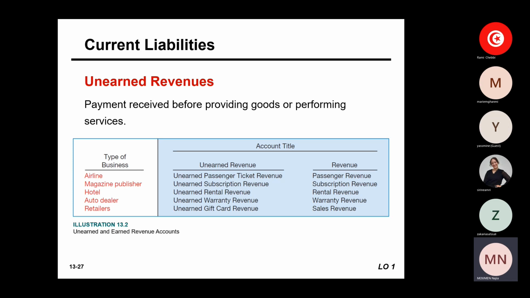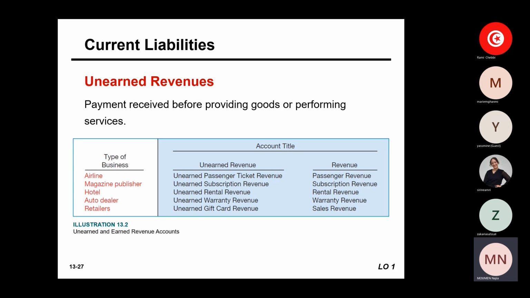But in this situation, there is no performance obligation satisfied. It will be satisfied in the future. I collected cash in advance, and this collection should be reported as current liabilities. Okay, it will be under the unearned revenue account.